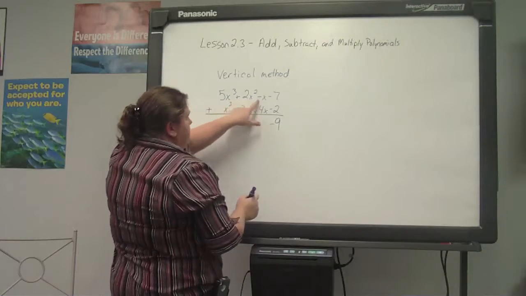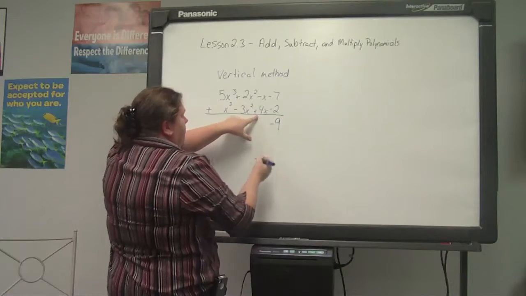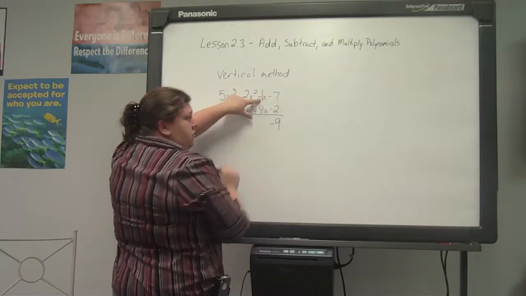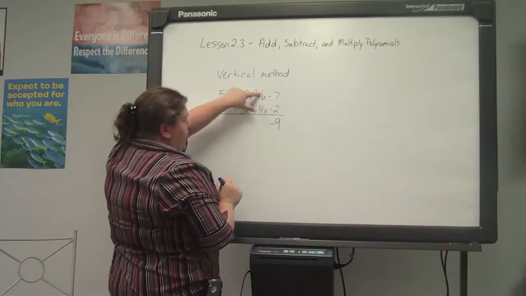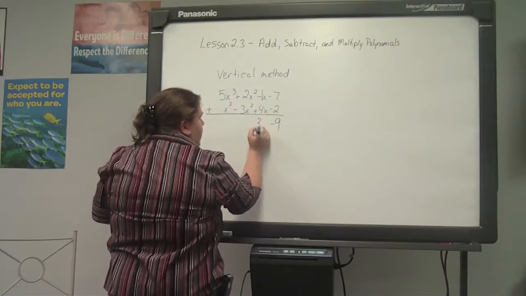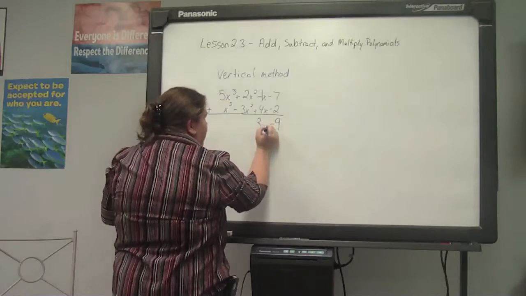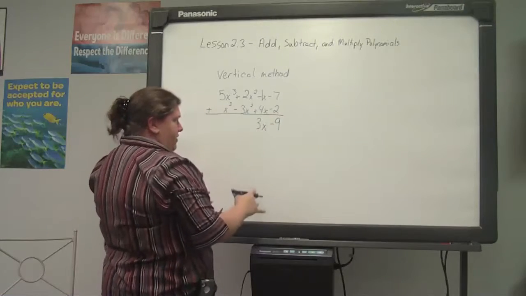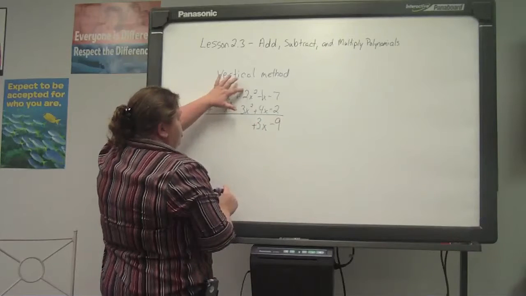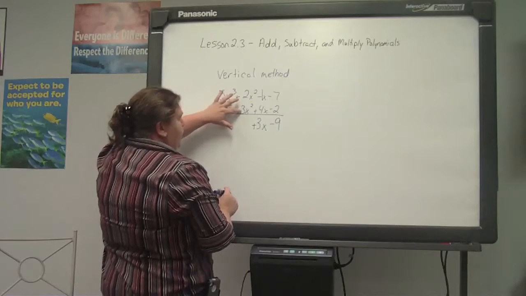A negative x plus 4, and remember a negative x means a negative 1x. So a negative 1 plus 4 gives me my 3, and again I keep my x because I have done nothing with the x. I'm going to go to 2 minus 3.